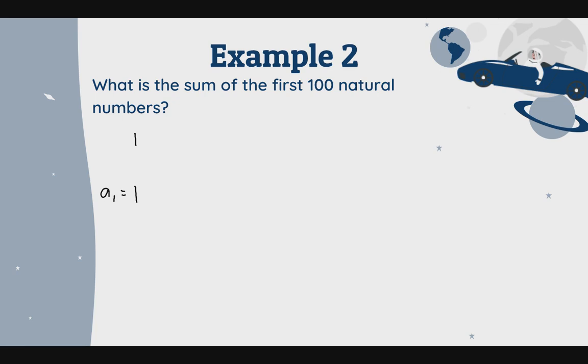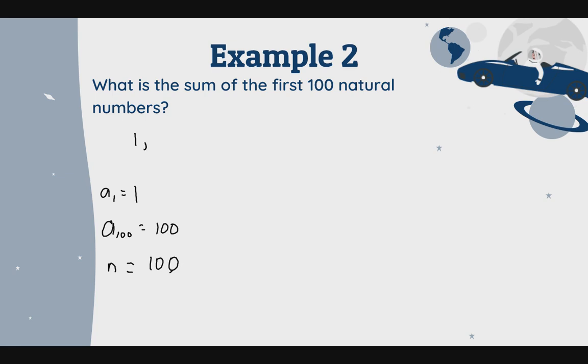Next, if we are looking for the first 100 terms, then our last term for this sequence, or a sub 100, is 100. So what do you think is the value of n? Very good, 100, because we are looking for the sum of the first 100 natural numbers.